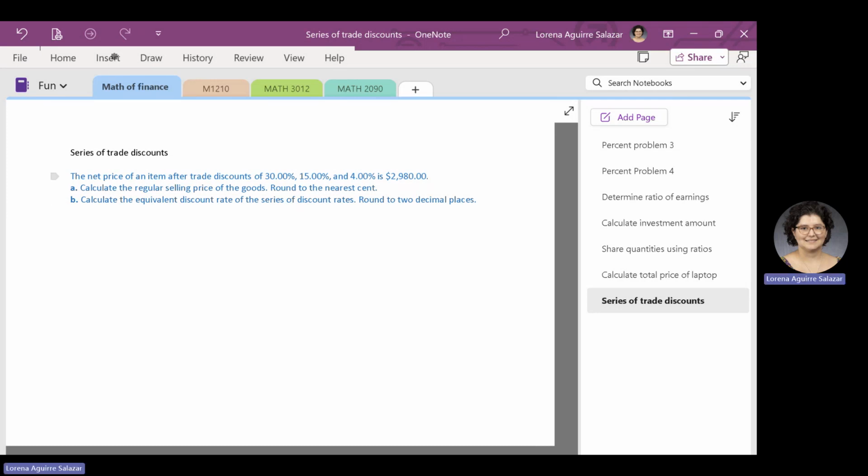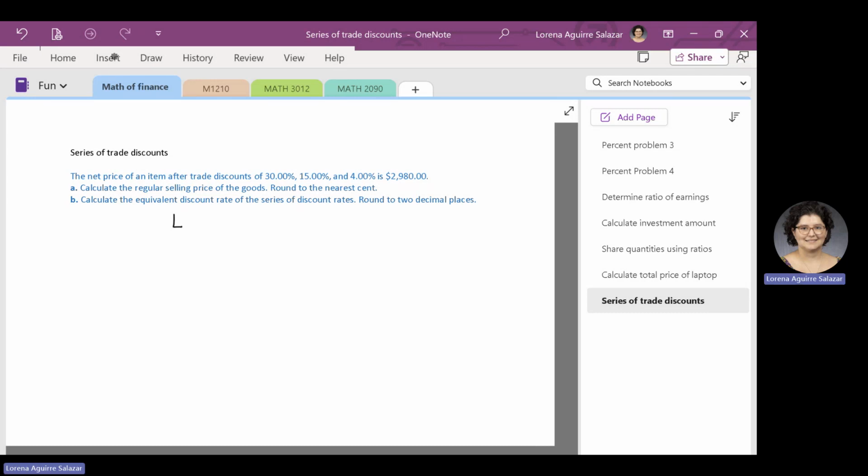In general, when we have a problem on trade discounts, we have 3 types of variables to work with. One of them is the list price of the item, and that is the price quoted by a supplier for a product.